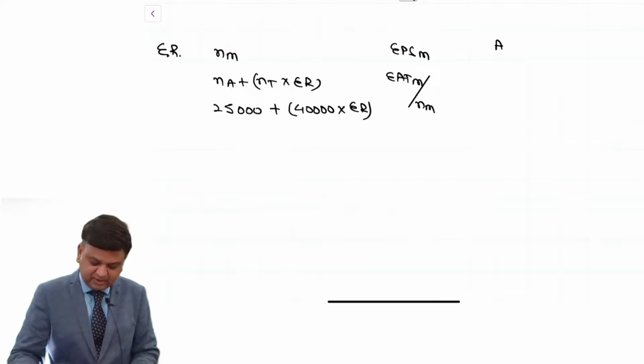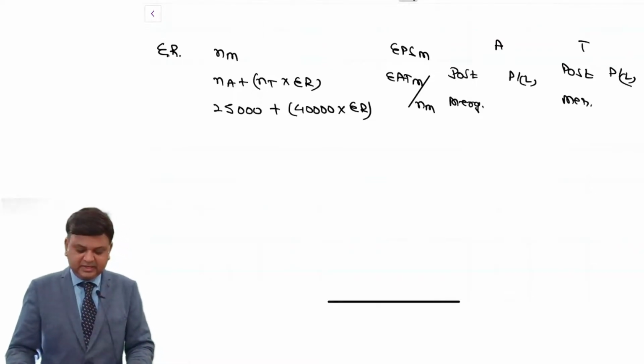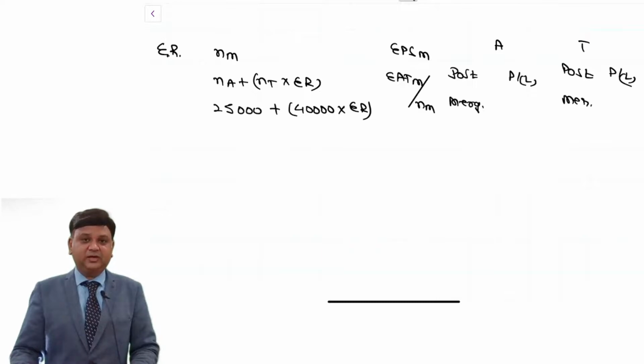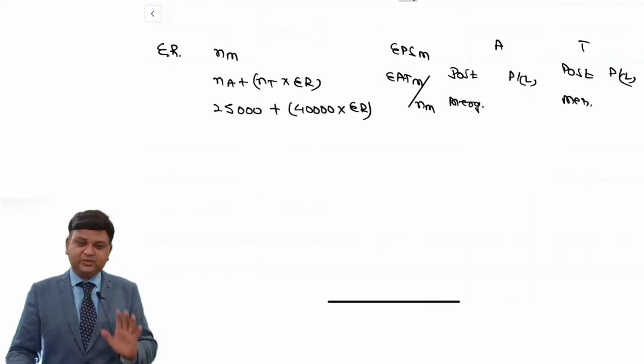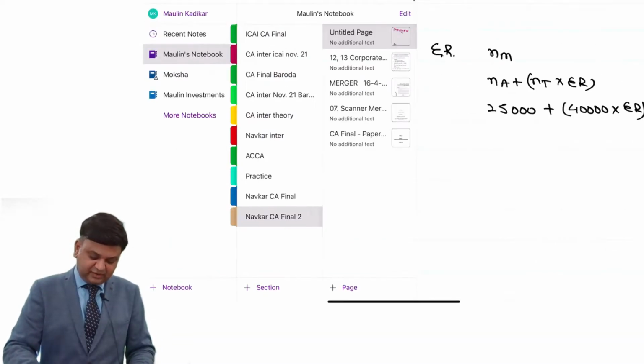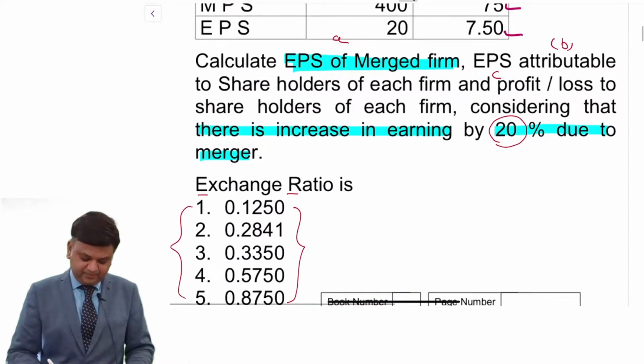Then for A Limited, EPS attributable post merger and then profit or loss. For T Limited, EPS attributable post merger and then profit or loss. That is the way we are required to make the calculation of the answer. I give you the explanation of the first working. The rest of the working I want you to do on your own.